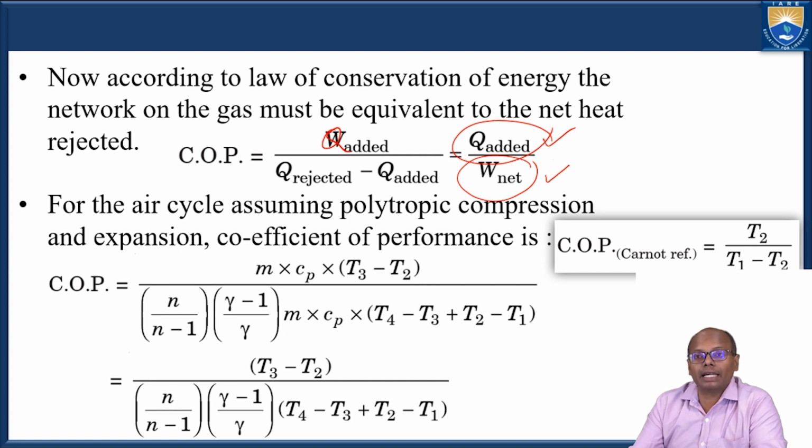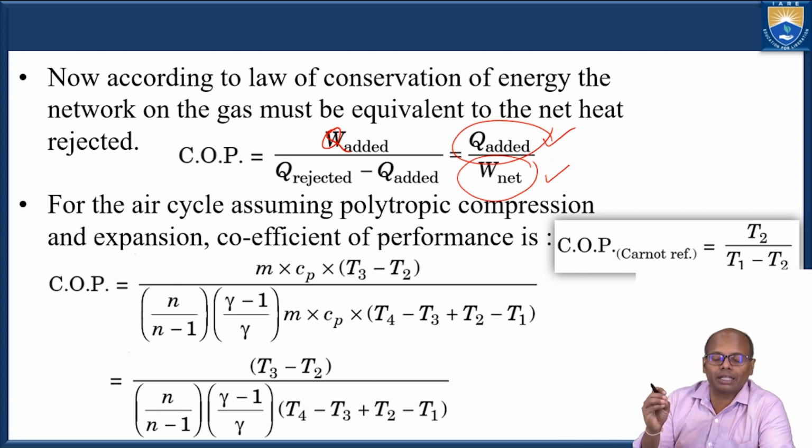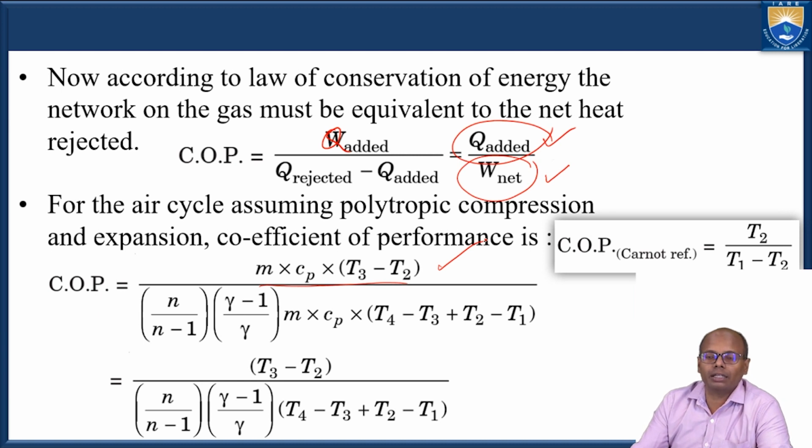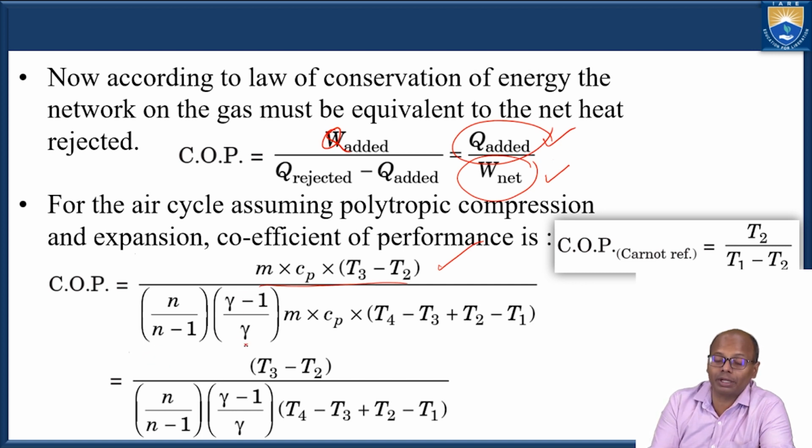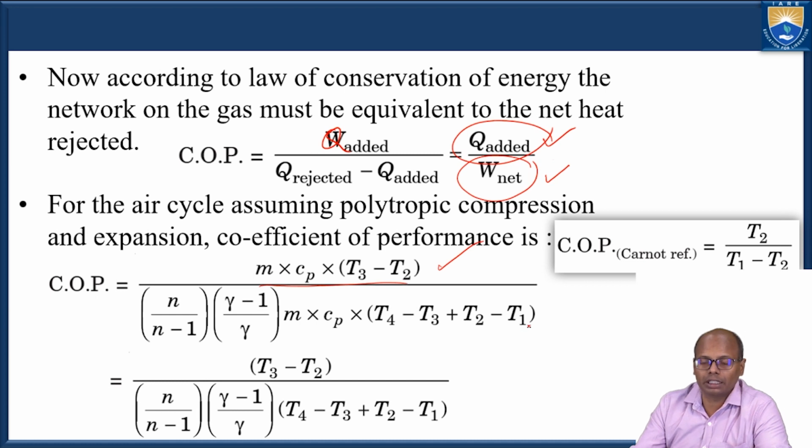Now, what is the heat added or the refrigeration effect? It is mCp into the change in temperature in the refrigerator, so that is equal to T3 minus T2. So mCp into T3 minus T2 is nothing but our heat added. And for the polytropic process that we have discussed, the net work is equal to n by n minus 1 into gamma minus 1 by gamma into m into Cp into T4 minus T3 into T2 minus T1.